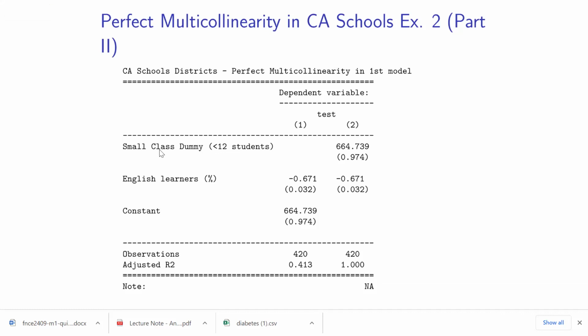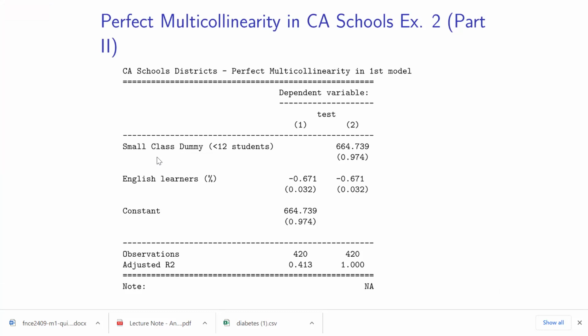When this happens, there is 0 variation to the small class dummy. In other words, this dummy variable becomes a constant, which is the same thing as the intercept of the model. In this case, we have the perfect multicollinearity problem between the intercept and the dummy, because the intercept is perfectly collinear with the dummy variable.